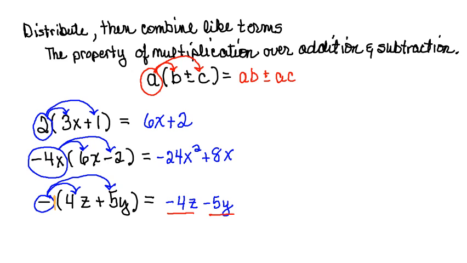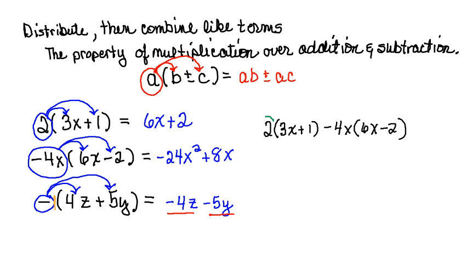All right, I'm going to try one that's just a little bit bigger so I can do some combining like terms at the same time. So let's say we have the 2 times the 3x plus the 1, minus the 4x times the 6x minus the 2.